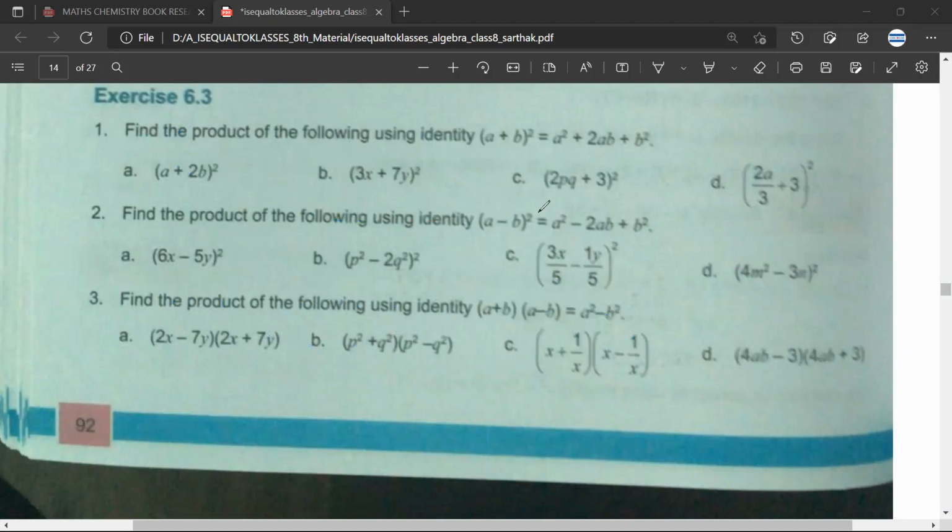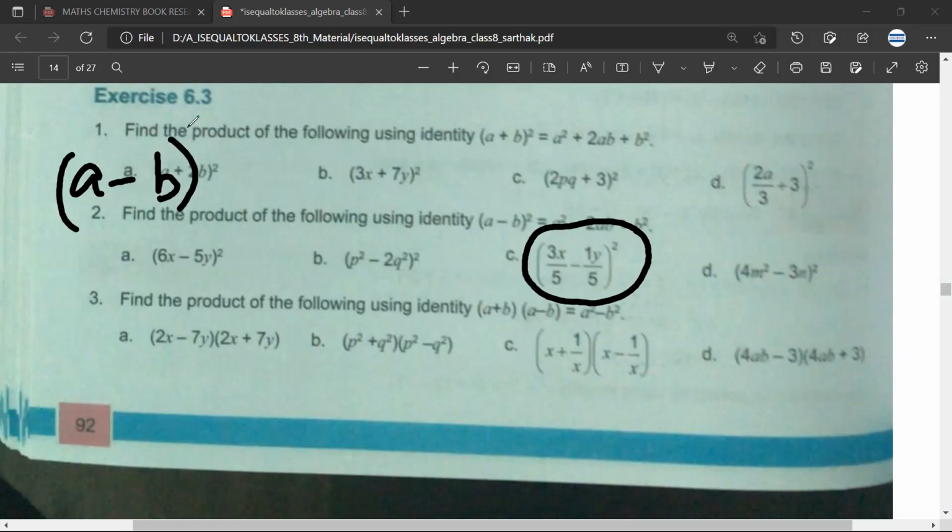So now let us try to do another sort of difficult question. Now first step is to identify which identity I'll be using. So this is in terms of x and y, so I'll write this as (a minus b) whole square. I'm not using the alphabets which are mentioned in the question. So this is my first step.